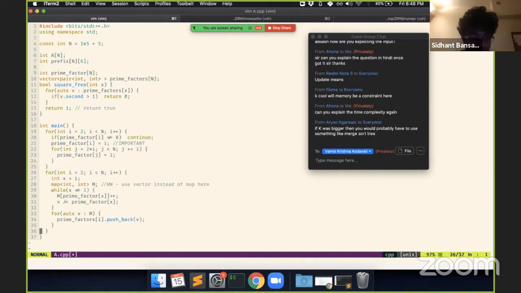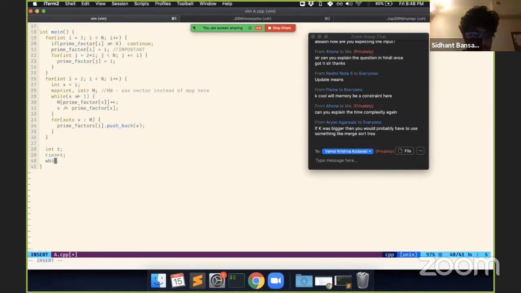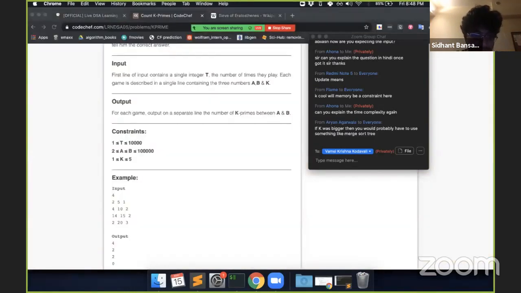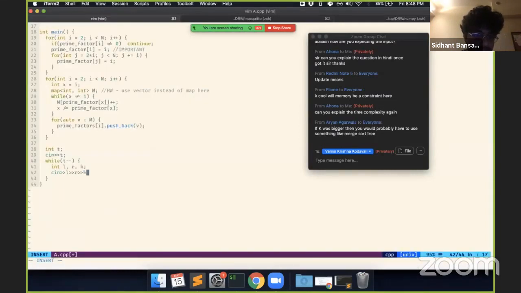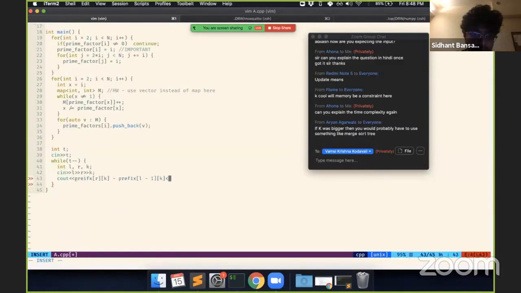Okay, cool. So now you take in t, and we get these values. And your output should be pretty simple: prefix[r][k] minus prefix[l-1][k].